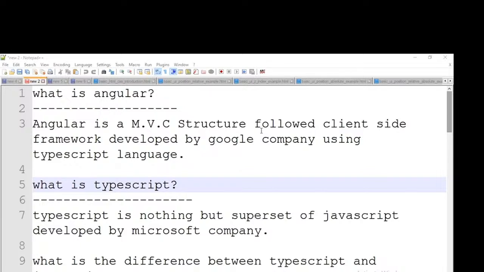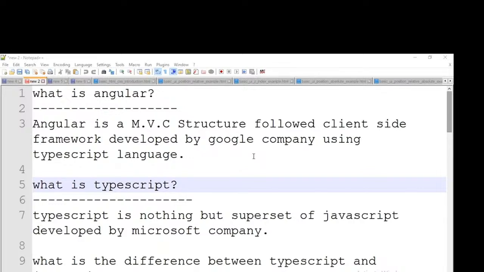Now coming to the introduction. What is Angular? Angular is an MVC structure followed client-side framework, developed by Google using the TypeScript language.